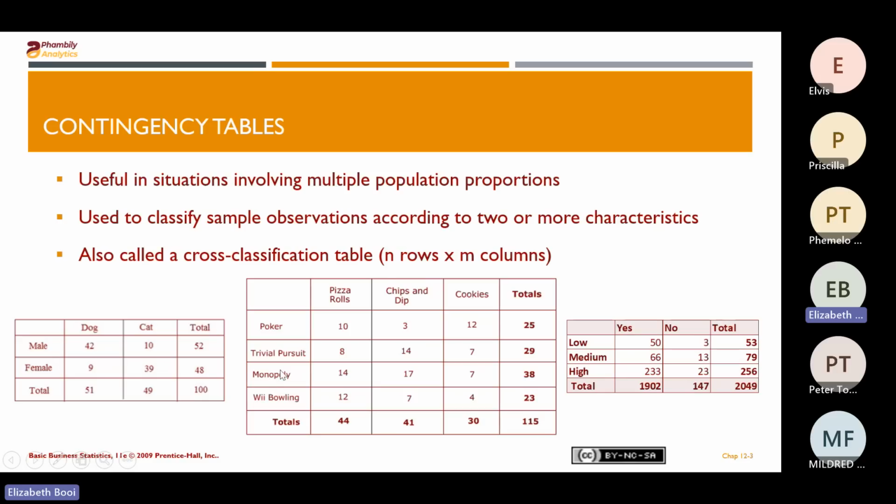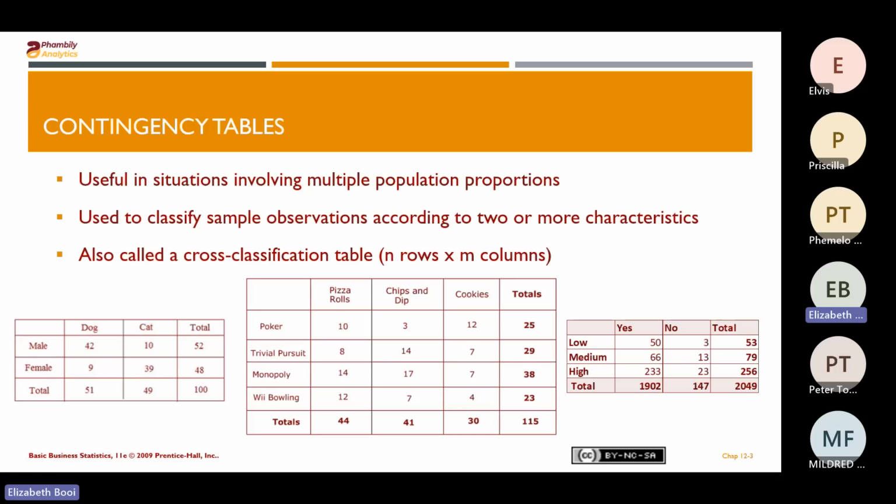There are 4 rows and 3 columns, so this will be a 4 by 3 contingency table. When we look at the last one, where it has low, medium, and high, and yes and no, it is a 3 by 2 contingency table. You will need to be able to identify that. You will see that I didn't count the totals as the number of rows or columns.